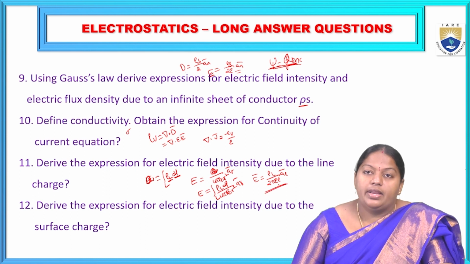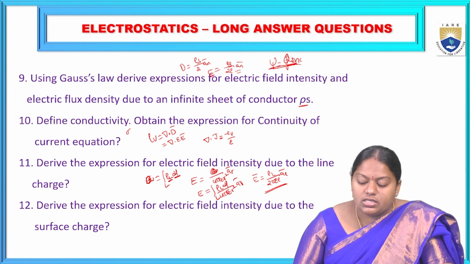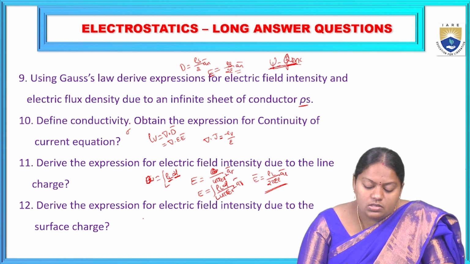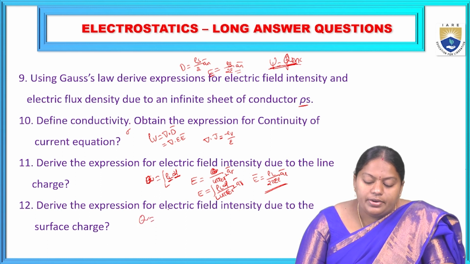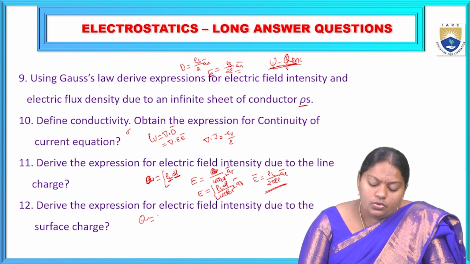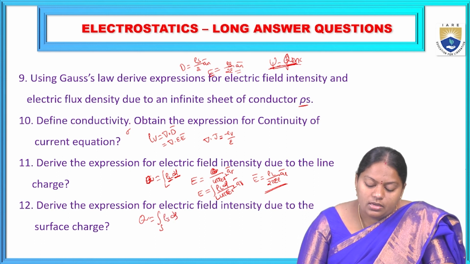Next, derive the expression for the electric field intensity due to a surface charge. By a similar analogy, first we need to define Q, that is Q equals integral over S of rho S dS.